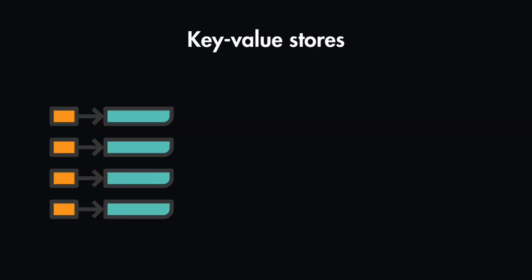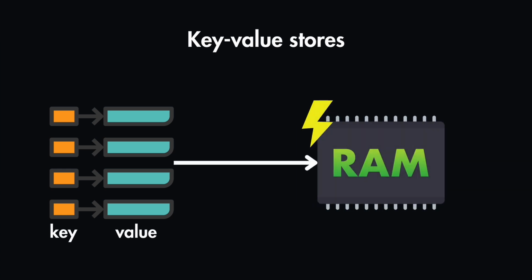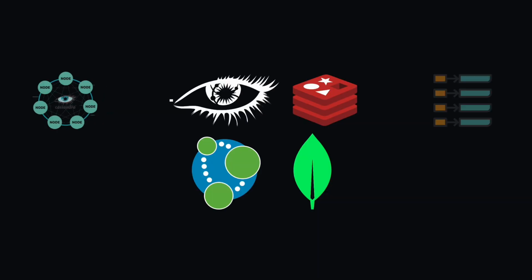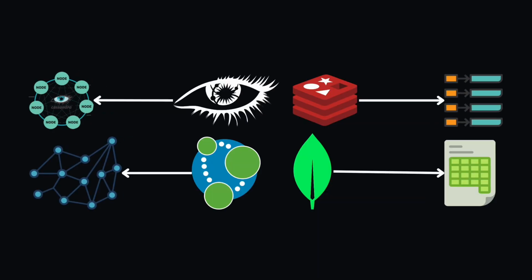And the other popular type is key value stores. Here data is stored in key value pairs. The biggest advantage of key value stores is their simplicity and speed. Since they are primarily stored in RAM, reading and writing to these databases is extremely fast compared to other databases. Some examples of key value stores are Memcached or Redis. So those are the main four types of NoSQL databases.